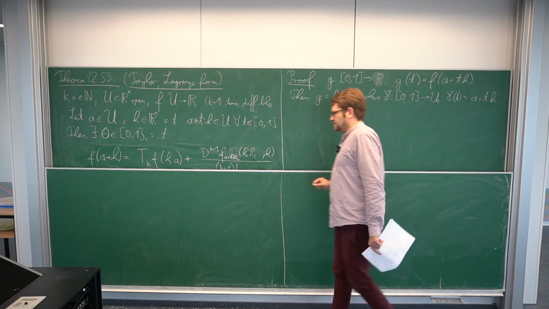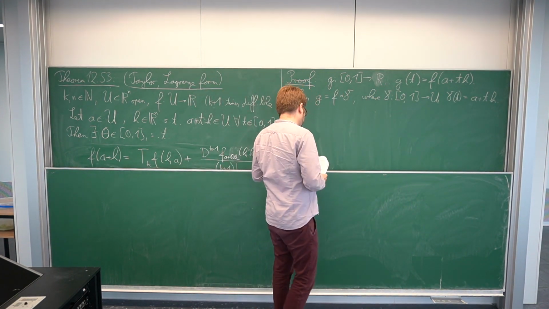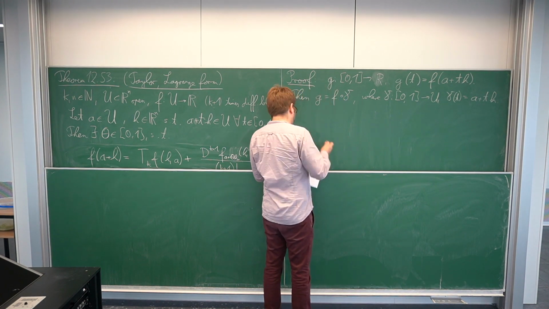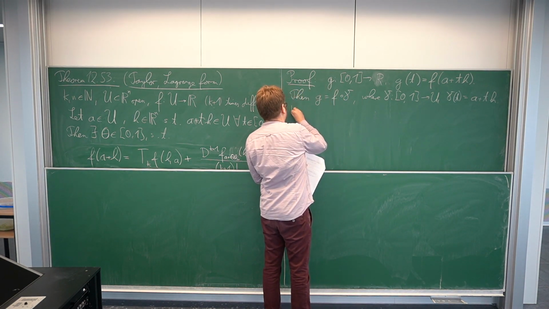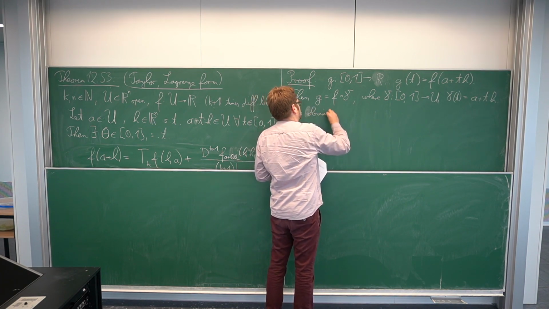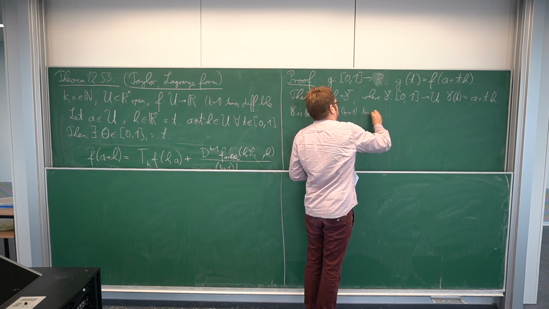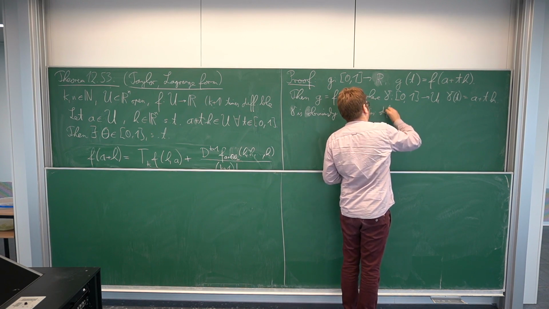That's parameterizing the line segment; it's a curve in R^n. Now gamma is obviously k plus 1 times differentiable.